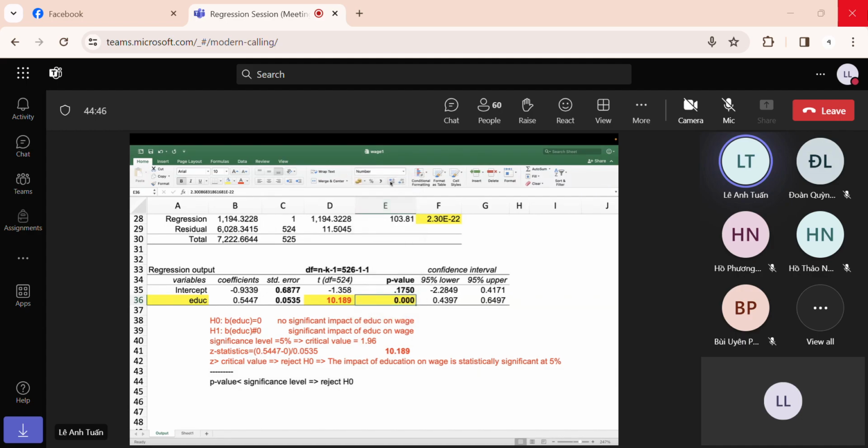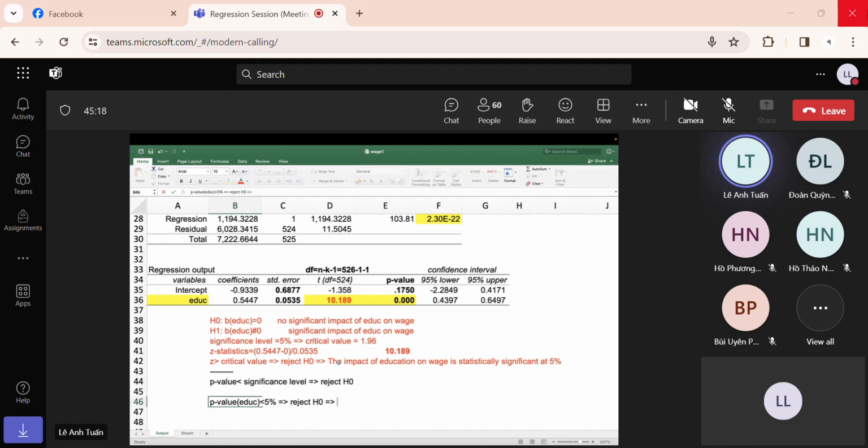And when we test a hypothesis, I think it's better if you use the p-value here. The p-value for education is smaller than, for example, the significance level of 5%. So we reject the null hypothesis.